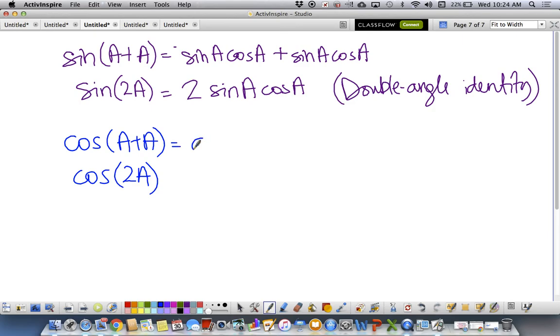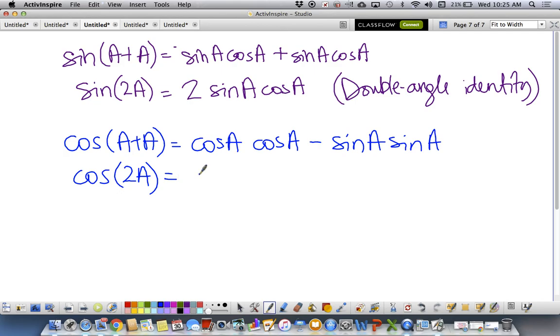So I can rewrite that a plus a again as 2a. So how can I rewrite this one and we'll be done? What's cosine a times cosine a?